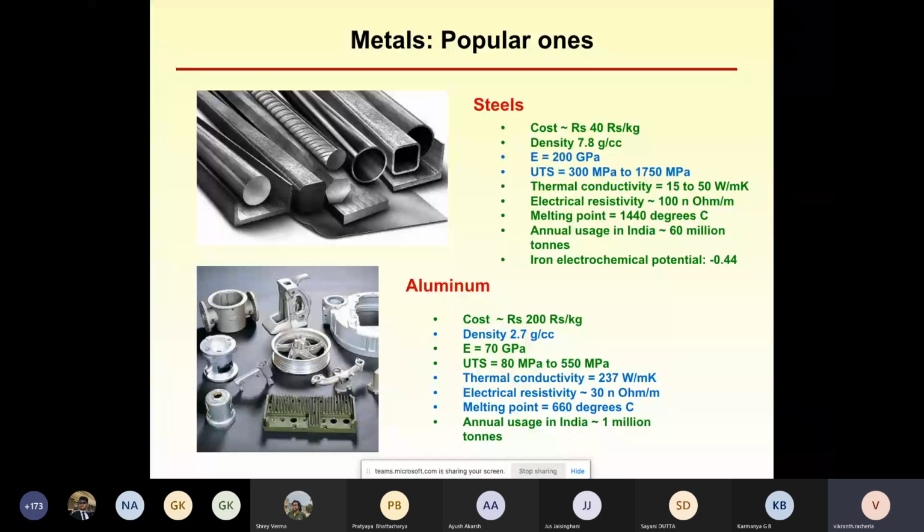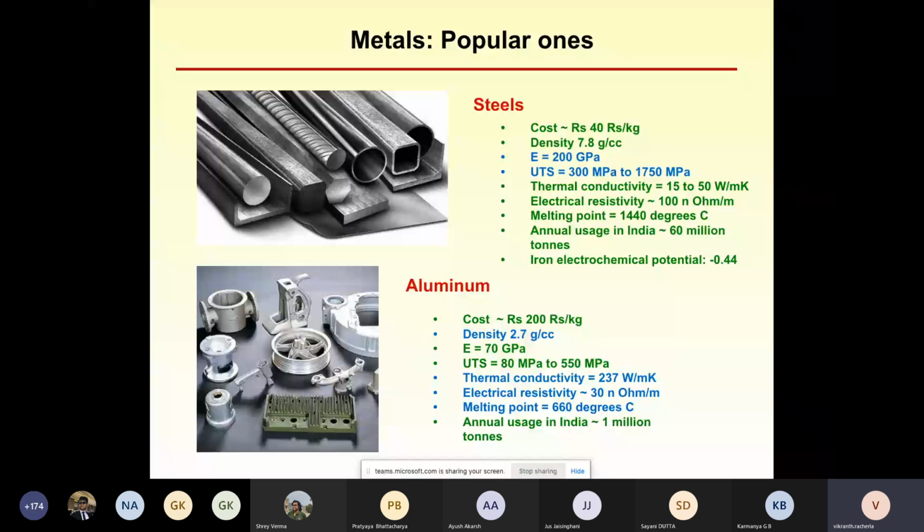So stiffness, as I said, refers to the ability to withstand loads without deforming. What is the material property we should be looking at when we are interested in stiffness? Elasticity? Elasticity is a, no. You should be looking at the modulus, the Young's modulus of the material. What does Young's modulus give you?